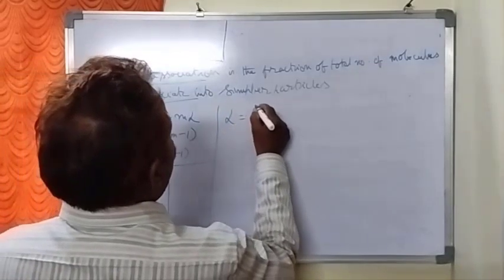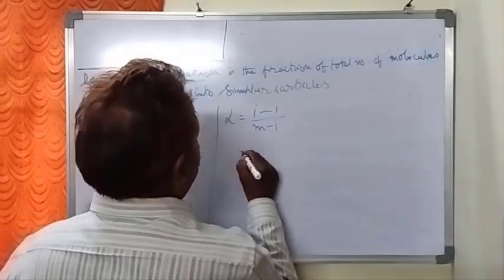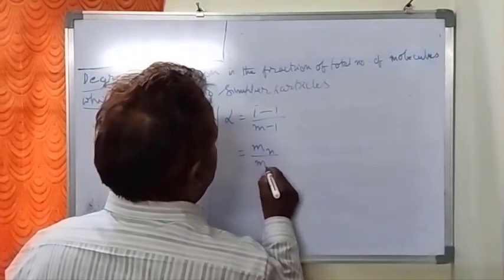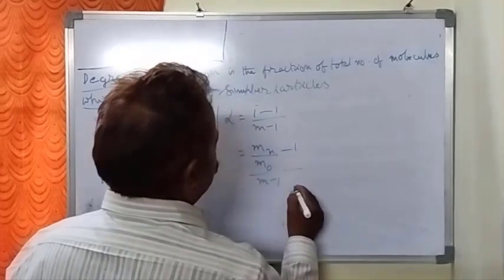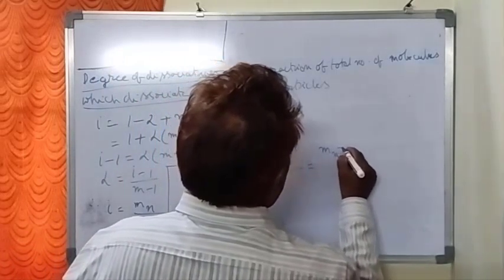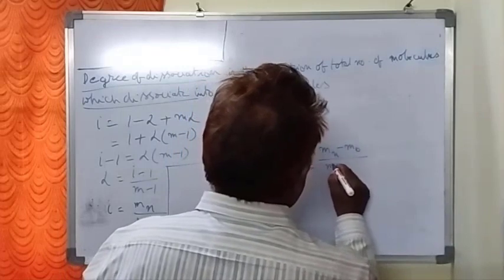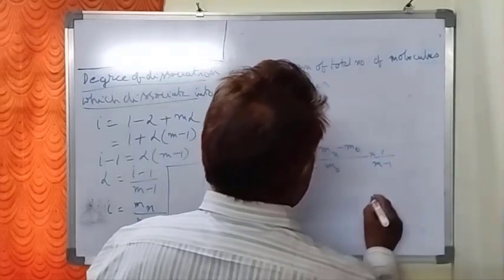Alpha equals i minus 1 by m minus 1, equals Mn by Mo minus 1 by m minus 1. This equals Mn minus Mo by Mo into 1 by m minus 1.